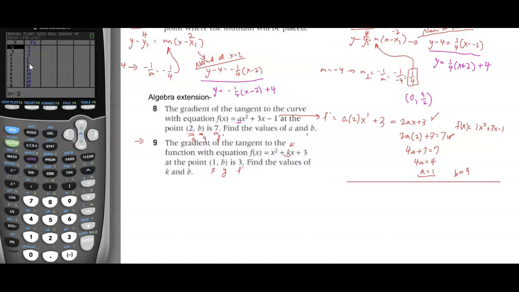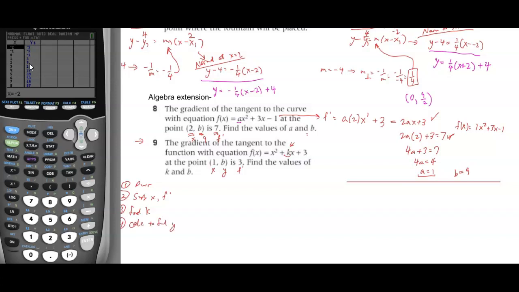So first thing we're going to do is power rule. Second thing we're going to do is substitute x and the derivative value. And then we're going to find k. And last of all, we're going to just use the calculator to find y.